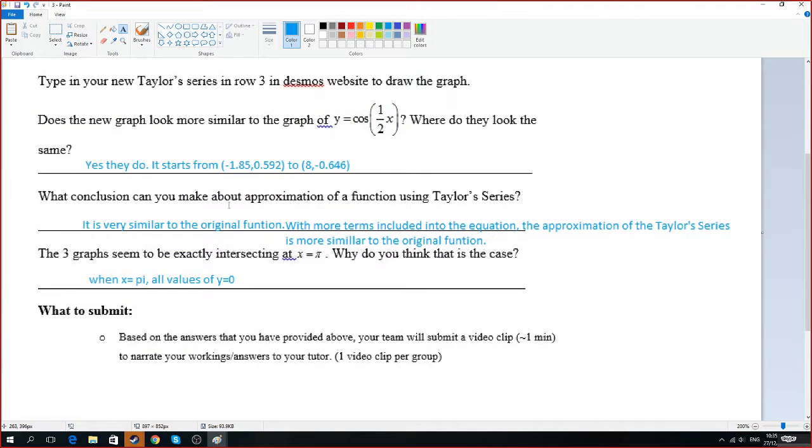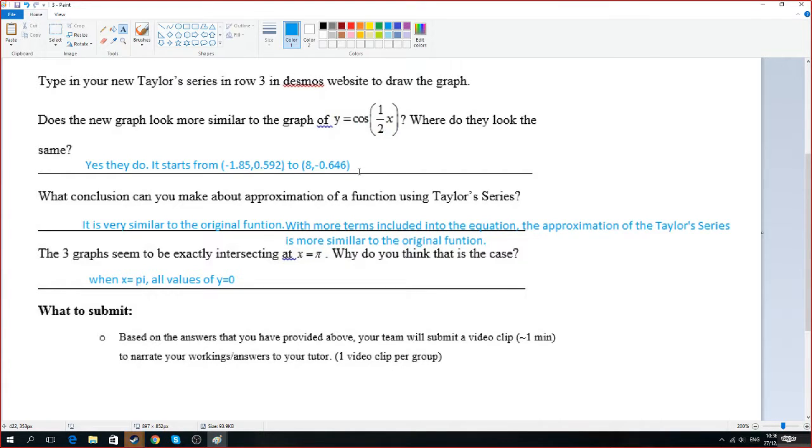From the Taylor series after we add in more values, we do see the graph looks much more similar to each other, from negative 1.85 to 1.85 and at 0.592 to negative 0.646.